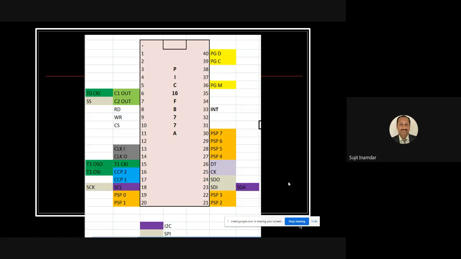This is a very important diagram, and only for that I have prepared this particular color grouping. This is all about the functional configuration of this PIC 16F877A.